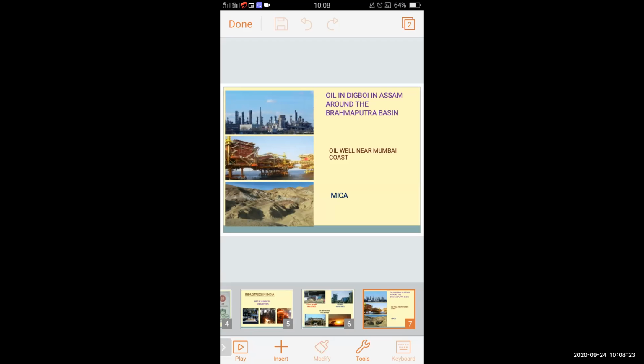Gujarat, Rajasthan and Tamil Nadu produce the bulk of salt in the country. The salt industry is also there in India, mostly in Gujarat, Rajasthan and Tamil Nadu.